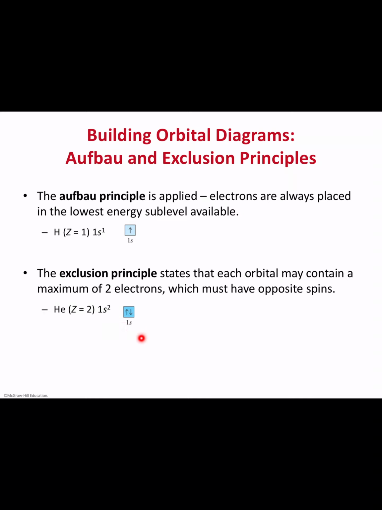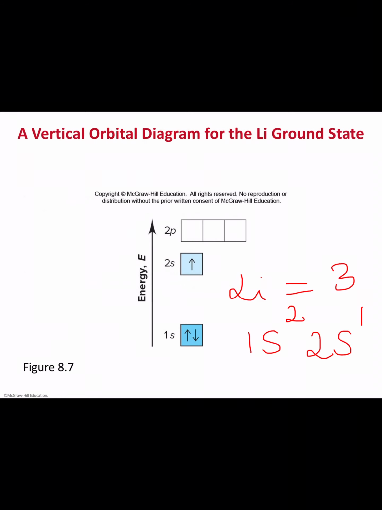Now we cannot put any more electrons in the 1s orbital because we put 2 electrons. So the helium electron configuration would be 1s², hydrogen electron configuration would be 1s¹. And in the previous diagram, we learned that lithium has 3 electrons, so the electron configuration would be 1s², 2s¹.